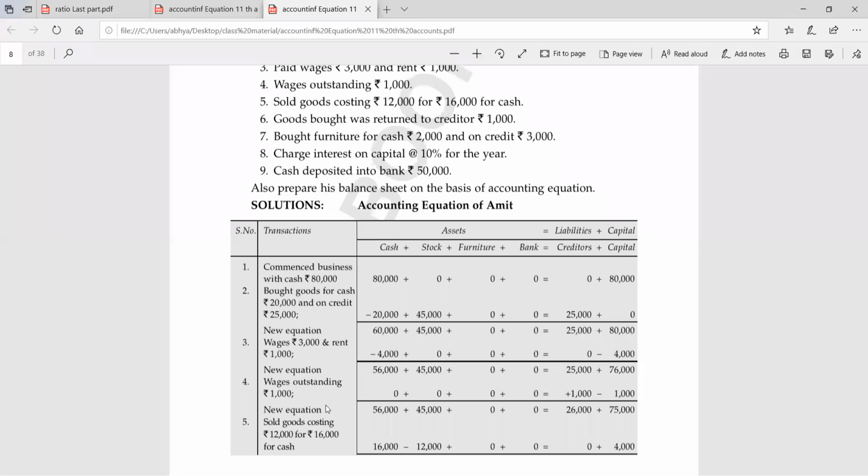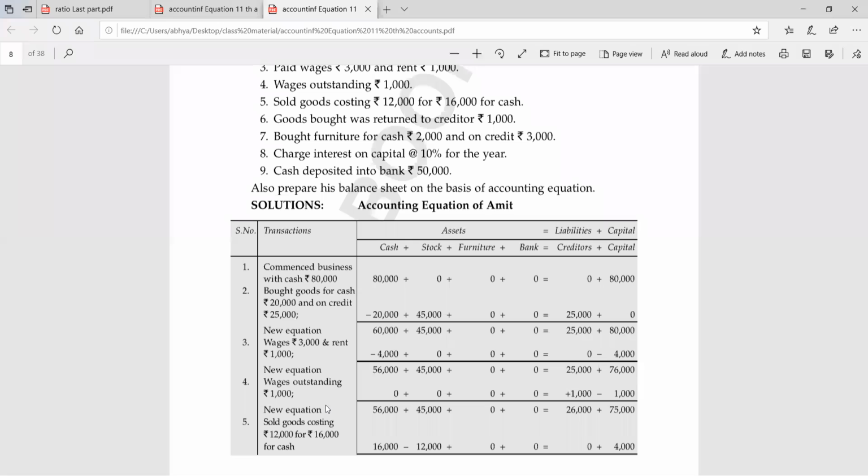Just like in assets, we have written cash, stock, furniture, bank. Similarly, in liabilities, you have to now write two liabilities. Creditors plus outstanding expense. Okay, students, creditors plus outstanding expense. So while doing this transaction, has any cash gone outside? Wages outstanding. Wages outstanding means you need to pay the wages. You were supposed to pay the wages, but till now you have not made any payment.